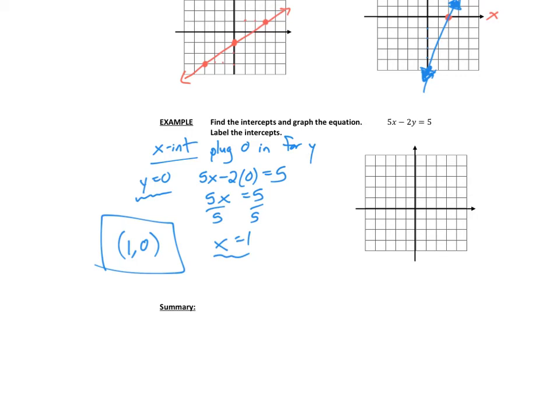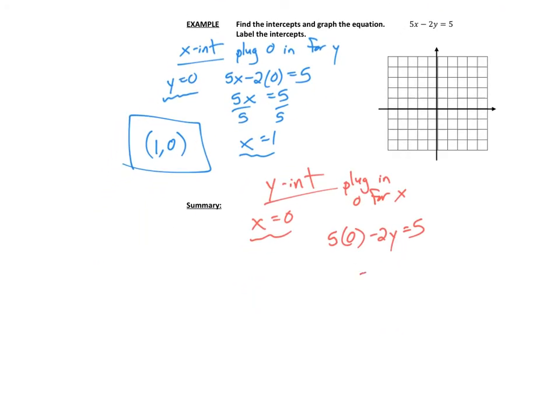Okay, to find the y-intercept, we plug in 0 for x. So x equals 0. Take your equation, 5 times 0 minus 2y equals 5.